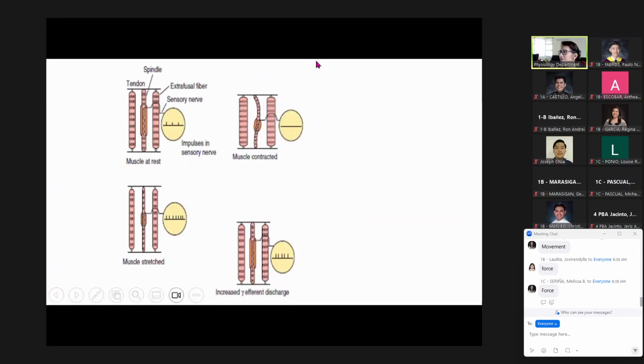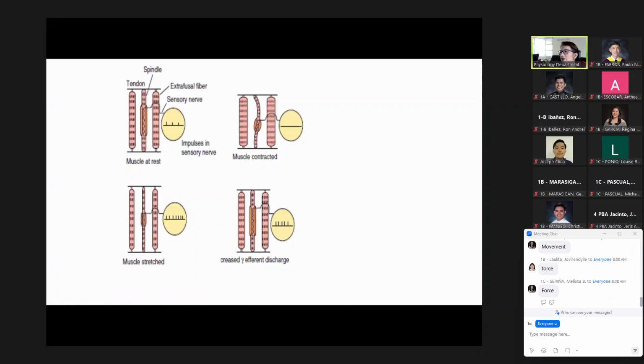But because of the gamma efferents that you have in your muscle spindle, and as we have said, the gamma efferents will be innervating the polar ends of your muscle fibers, which are contractile. Kita nyo ba yung drawing? Contractile yan eh. So upon the discharge of impulses through your gamma efferents, the polar ends will contract and it will make the intrafusal muscle fibers stretch again.